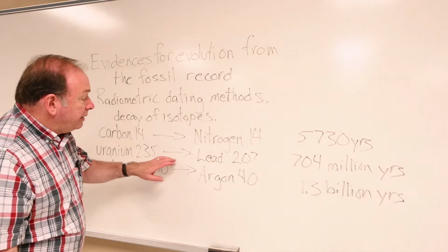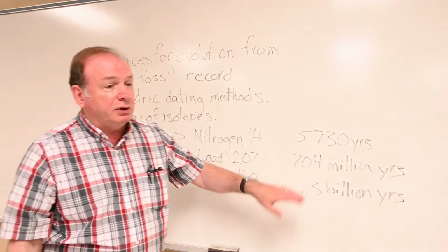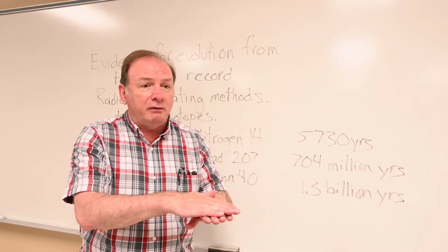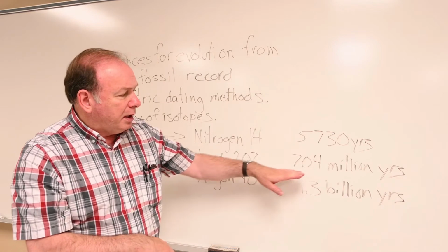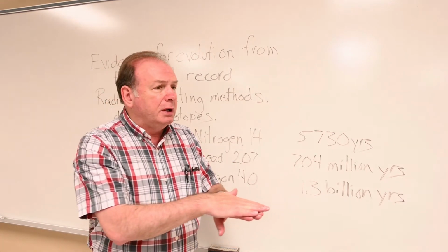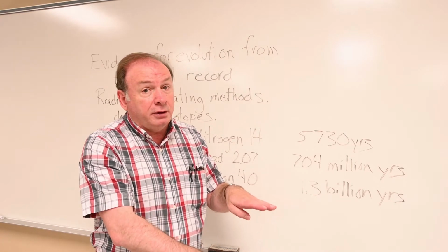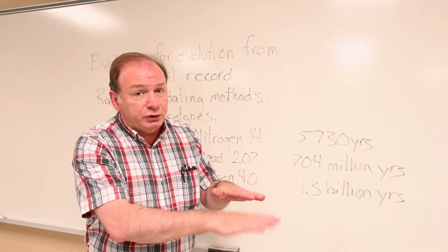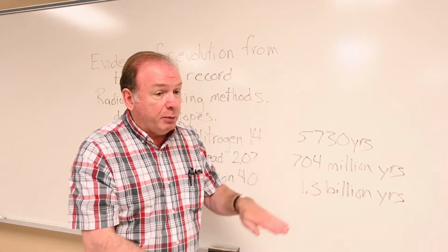So if we know, based on our uranium-235 estimation, that we have a layer of lava that flowed out onto the surface, say 175 million years ago, according to the decay rate, anything below that lava flow would be older than 175 million years. Those sediments, any sedimentary layers down there, would be older than 175 million years.